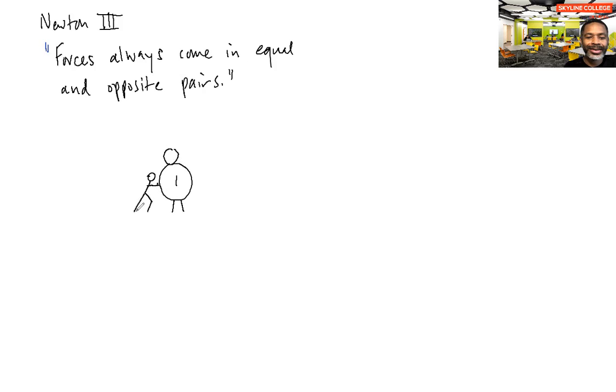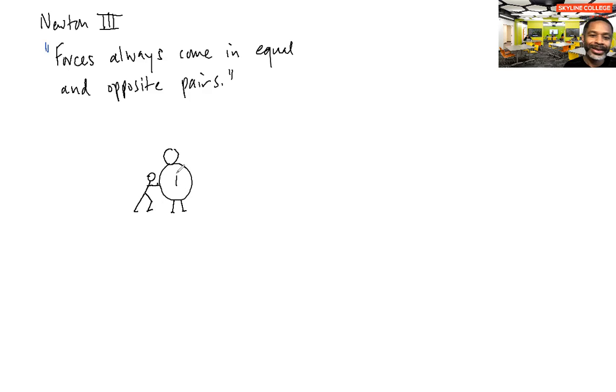So here's a large person and a smaller person, and the smaller person is pushing really hard on the large person. Well, this person here is just minding their own business, and they don't even see the smaller person coming along. And so this smaller person comes up real quick and pushes as hard as they can on the bigger person.